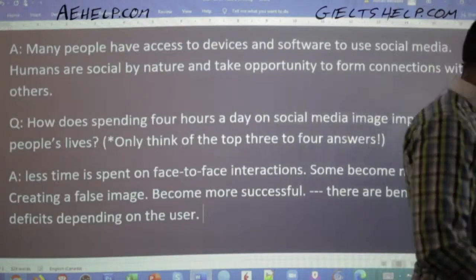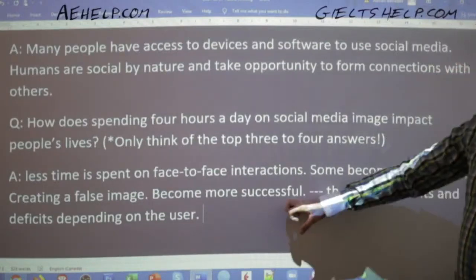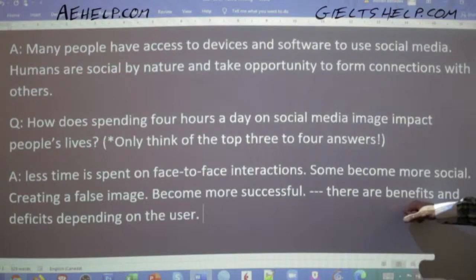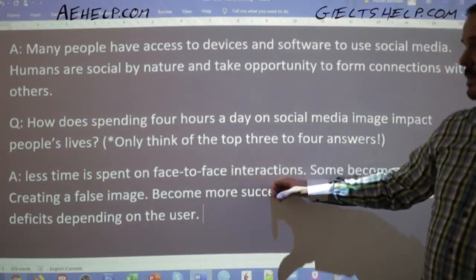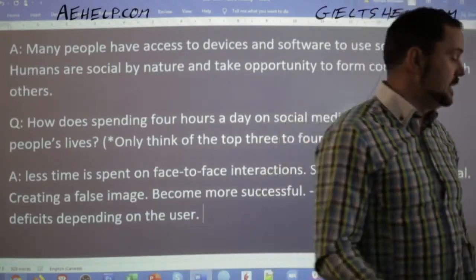So important points to recognize. One, as I showed you here, is there are clearly benefits and negatives to spending a lot of time on social media, depending on the user.